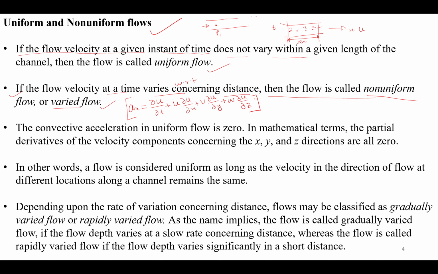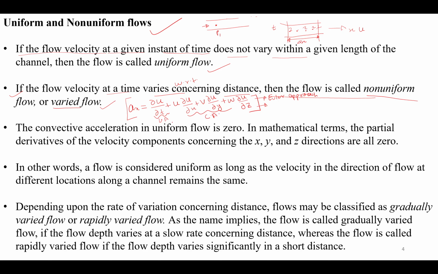When you derive this equation, the assumption is a fluid particle. Basically, we have derived this equation using the Euler approach. This term is known as local acceleration and this term is known as convective acceleration, right?